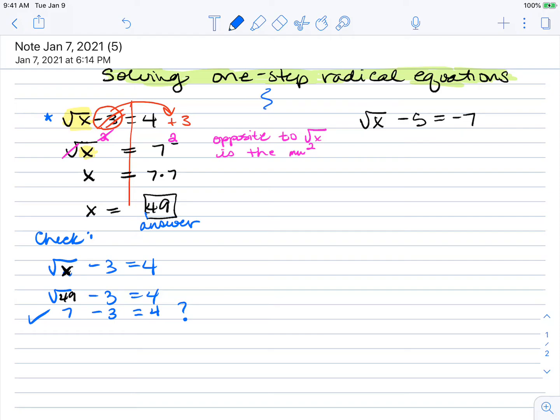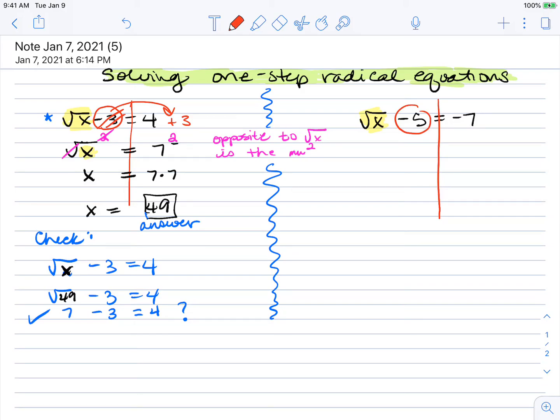Okay, so I'm going to look at a different problem over here, and I'm going to do the same thing I did before. I want to get this whole radical thing alone. I'm going to move this term right here to the other side.